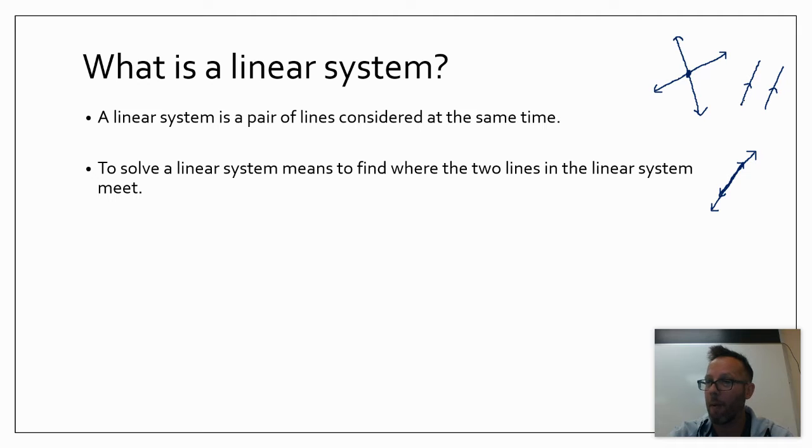Sometimes our lines may be parallel and they might not meet, or sometimes we might find out that they're actually the same line. But 99% of the time, our focus will be, here are two lines that aren't parallel, where do they meet? And then we're going to see that we can apply this idea to a lot of different interesting applications. So let's continue.